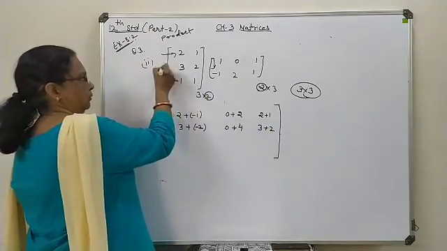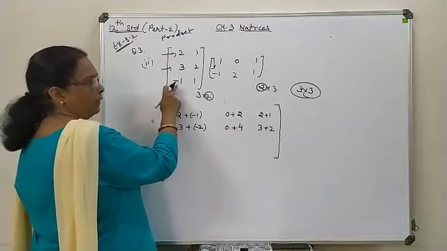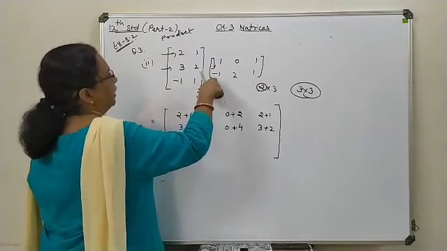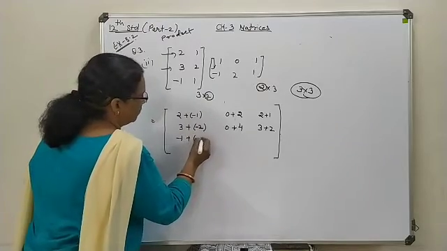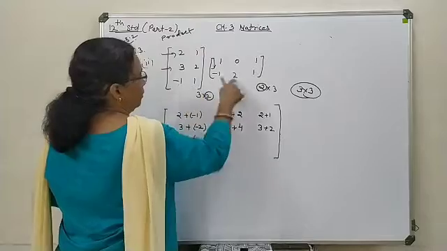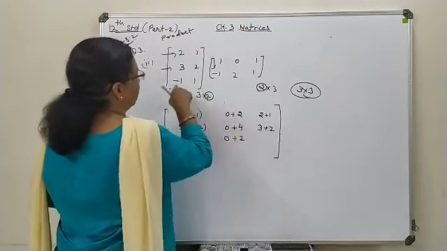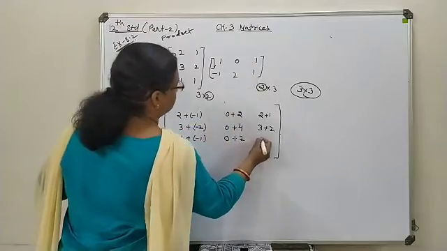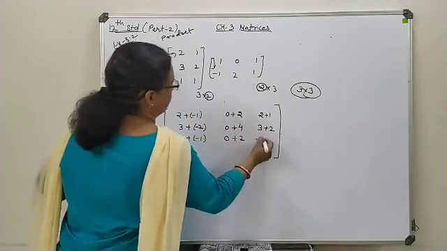Move to the last row, minus 1, 1, minus 1. Minus 1, minus 1, again minus 1, minus 1, 0, 0, plus 2. Last column, minus 1, 1, minus 1, this is your plus 1.